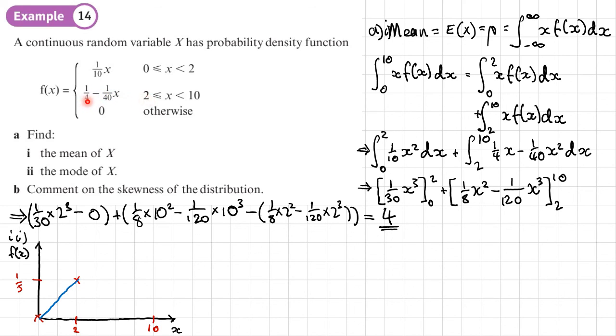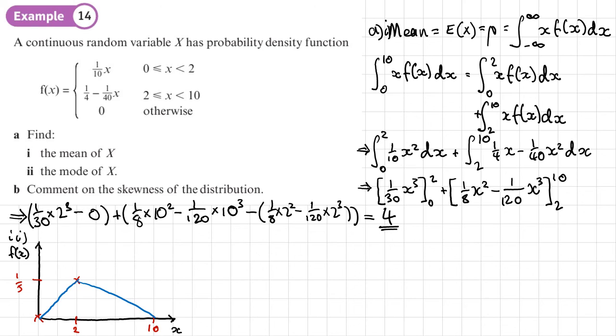So if we put 2 into this, we'll get a quarter minus 2 over 40, which gives us 1/5. So when we put 2 into here, we get 1/5. We now need to work out what happens when we put 10 into this. So a quarter minus 10 over 40, which is just 0. So we end up going back down to 0 again. So we can see that the piecewise function goes back down to here.